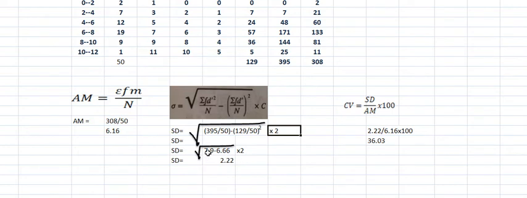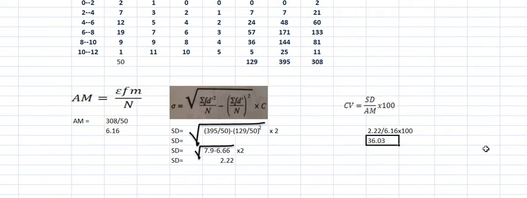Then you need to take the difference of these two, remove the root and multiply into 2. That answer is 2.22. This was the mean, this was the standard deviation, then the coefficient of variation is what? 2.22 standard deviation divided by the arithmetic mean 6.16 into 100, you will get 36.03.